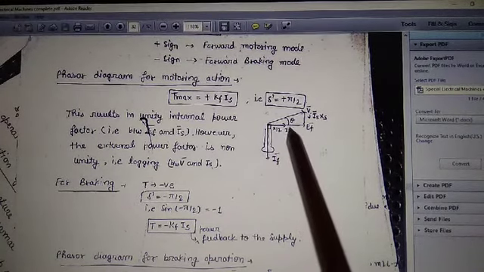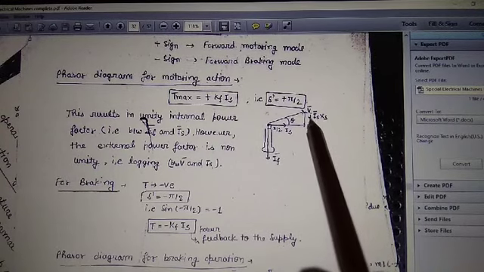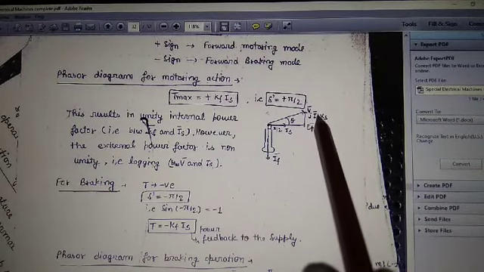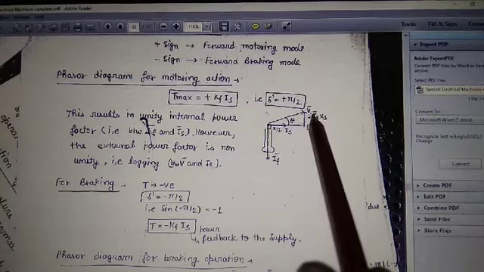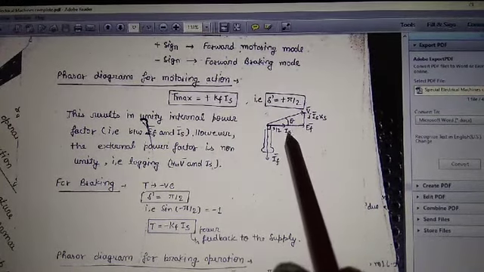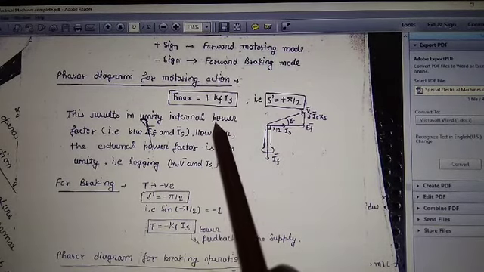Here I_S and E_F are shown. If we apply the KVL equation, E_F plus j I X is equal to V, the terminal voltage. This results in unity internal power factor, that is the angle between I_S and E_F is 0 degrees.